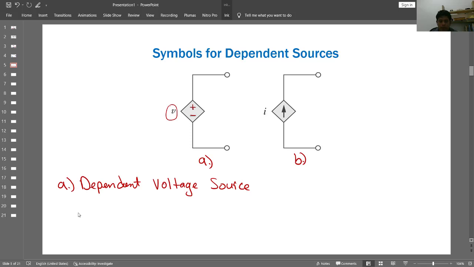And for B, we have that B is a dependent current source, because we have magnitude again and we have direction. This is the direction, it's flowing that way.